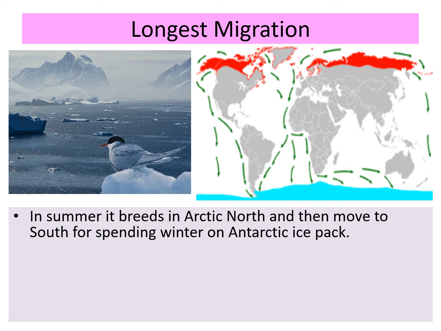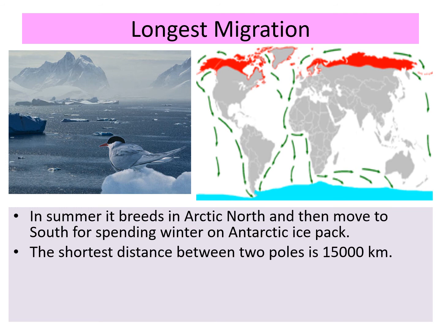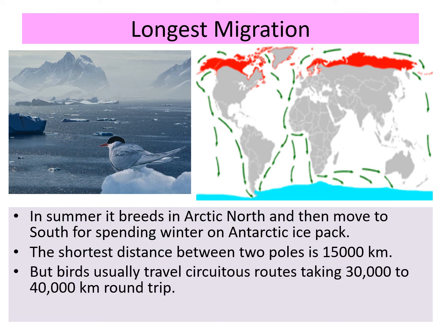In summer, it breeds in the Arctic north and then moves south to spend winter on the Antarctic ice packs. The shortest distance between the two poles is 15,000 kilometers, but the bird usually takes a route of 30,000 to 40,000 kilometers round trip.